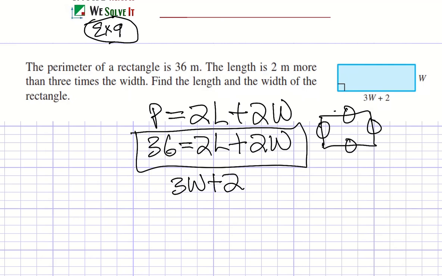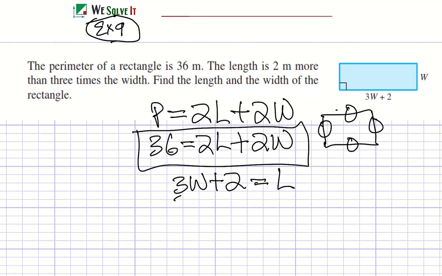Once you understand it, you see it's 3W plus 2. That thing there is the length, because it said the length is 2 meters more than 3 times the width: 3 times the width plus 2. That's all that is saying.